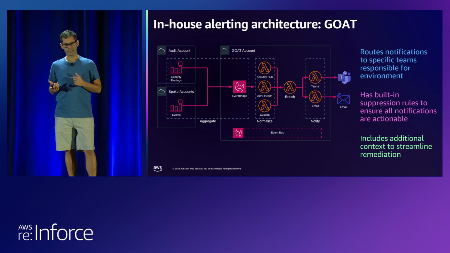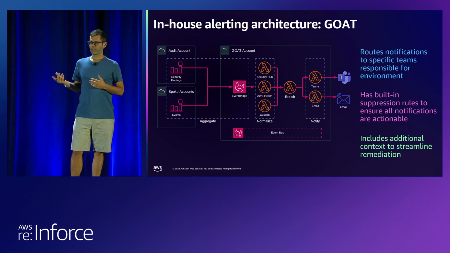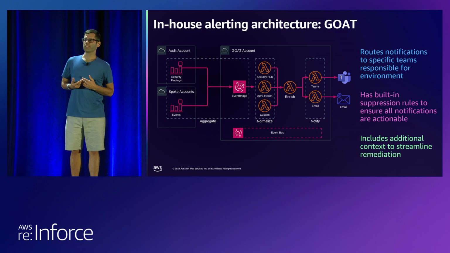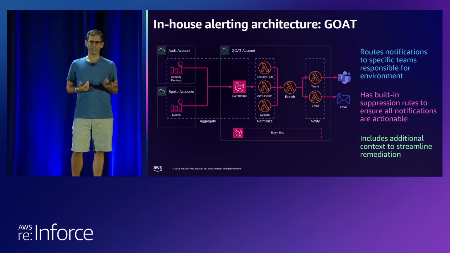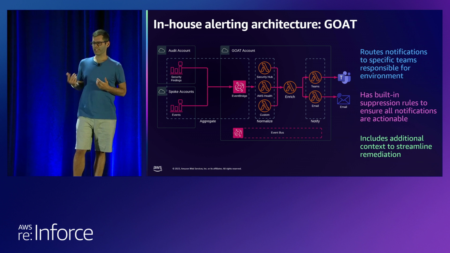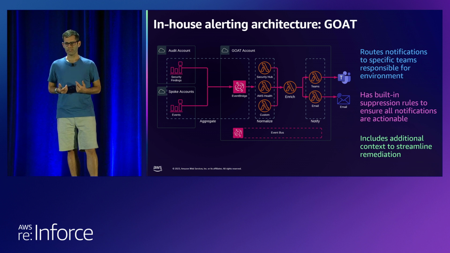What is the environment type? Is it a production environment? Is it a sandbox environment? And also looks at the resource. What is the component? Is it publicly accessible? What's the data classification? Is there PHI or sensitive data in it, or is it a public data set?